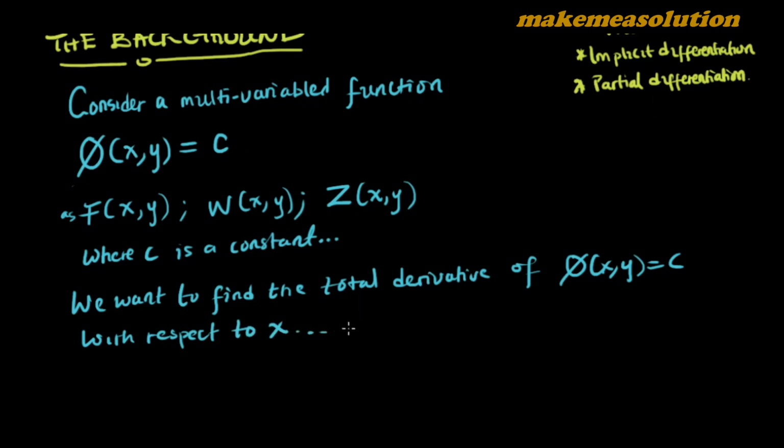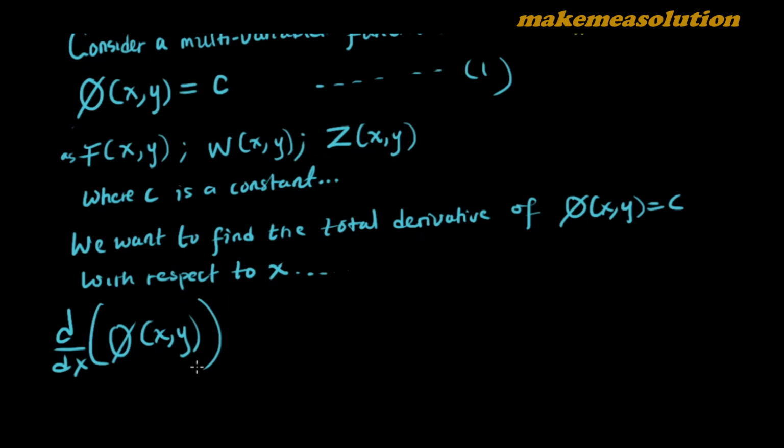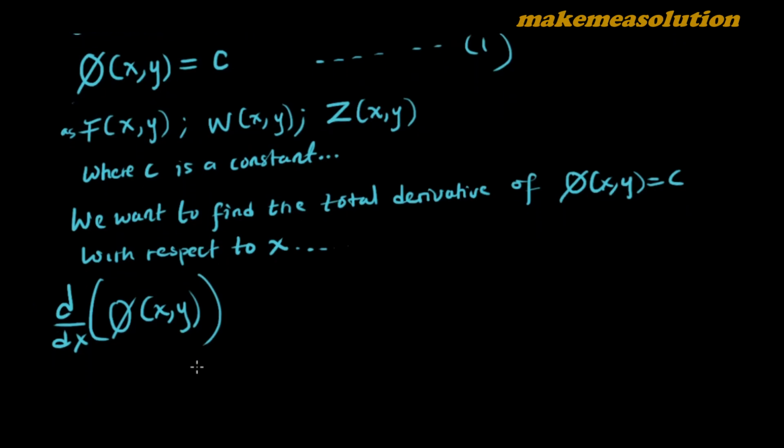So in other words, what we actually want to find, please permit me to call this equation 1, is d by dx of phi of x comma y. We want to find the total derivative of this particular function. So I will leave this as 1b.